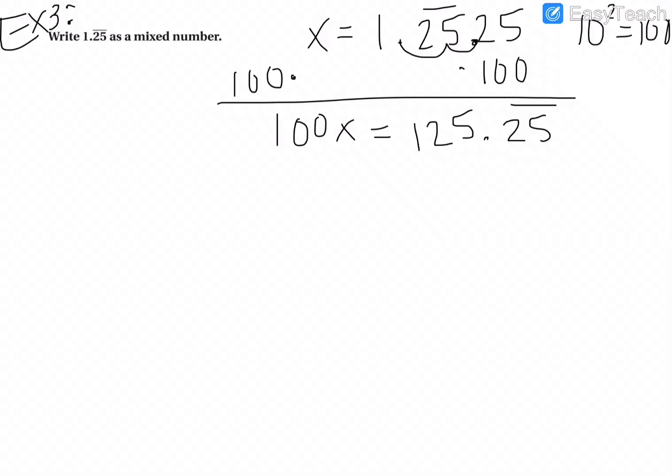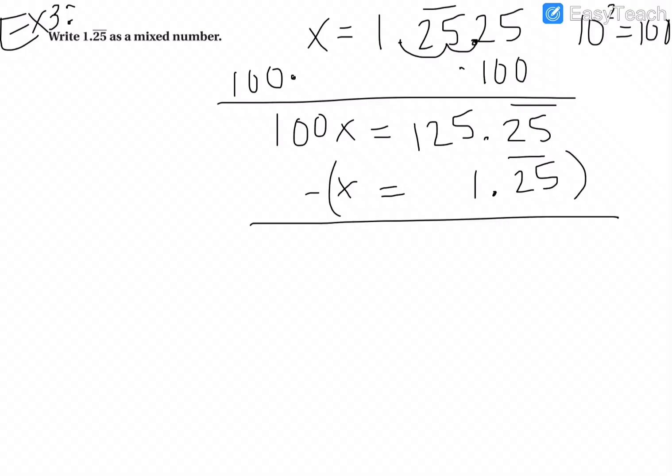Okay, subtract the original equation, which was 1 and, oh, I want to line up my decimal points, so let me try that again. 1 and 25 hundredths repeating. And again, you're taking away all of this. This is an easy one because everything's positive.